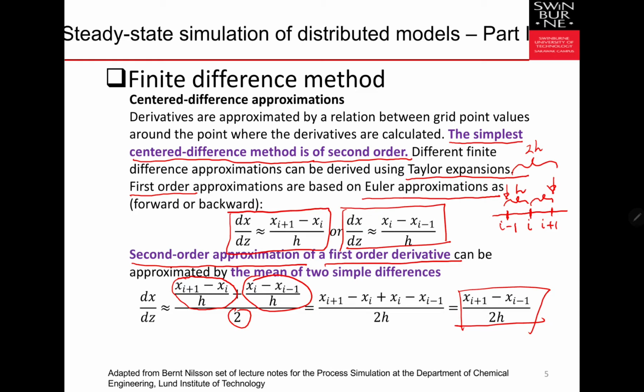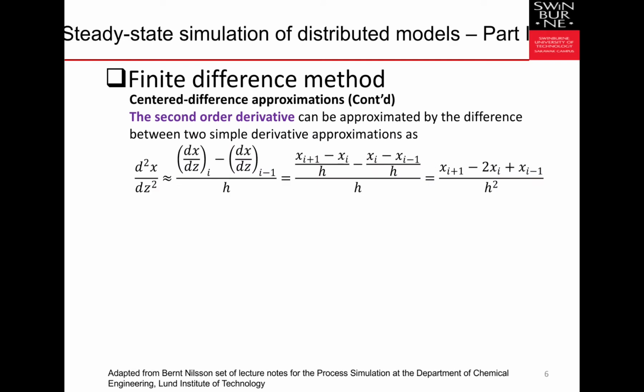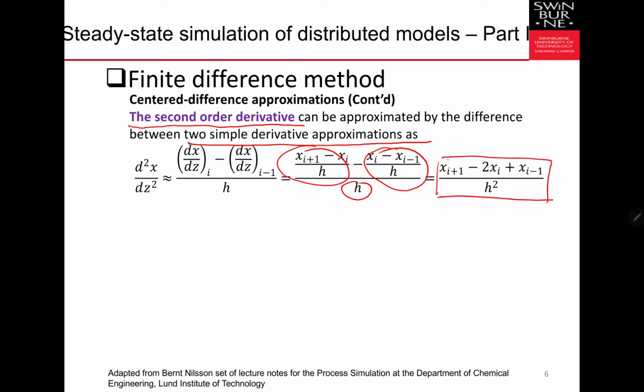And then the second order derivative can be approximated by the difference between two simple derivative approximations. So you subtract the backward one from the forward one and divide it by h. This is what you will get essentially.